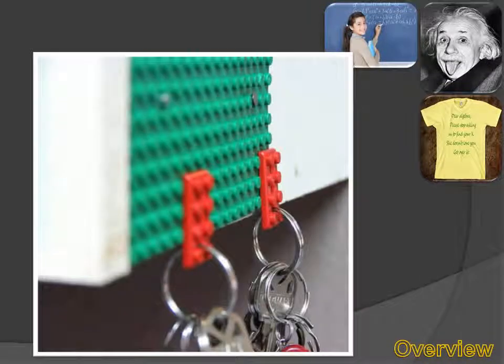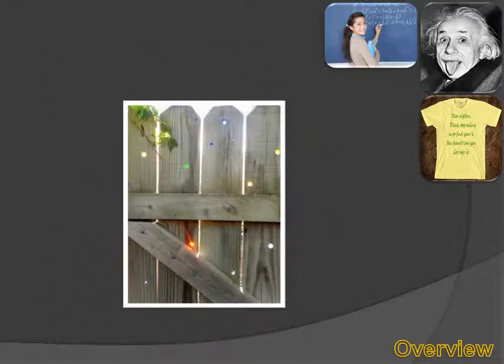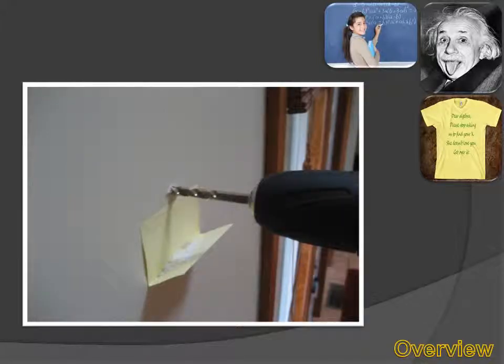Being clever and resourceful usually means you take things that you already possess and find ways to use them to solve new problems. For instance, this guy used his Lego set to create a key holder. This person wanted to make their fence more decorative, so they put their marble collection in the holes in the fence. This person had to drill a hole in the wall and didn't want to make a mess, so they put a post-it underneath the hole.